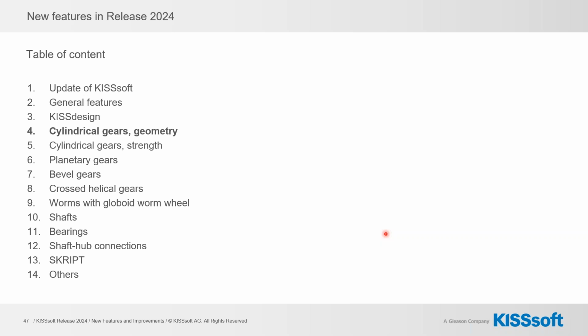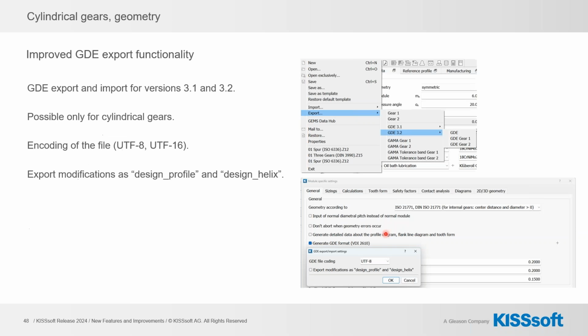Talking about cylindrical gears and geometry, as a first topic, I would like to mention especially the GDE export functionality. The GDE is a standard or a guideline which starts to be more and more present for manufacturing companies, and in release 23 we used to have the version 3.2 in the KISSsoft.